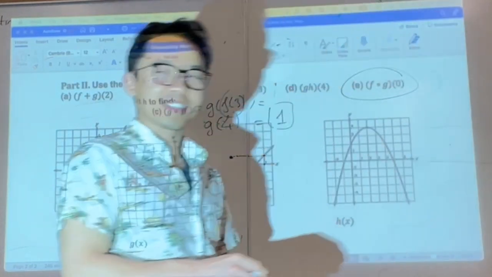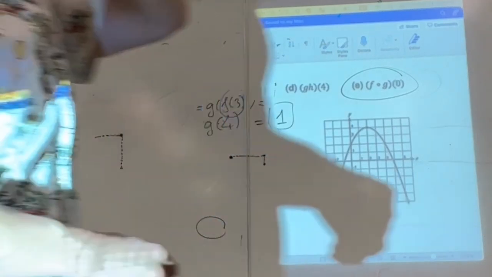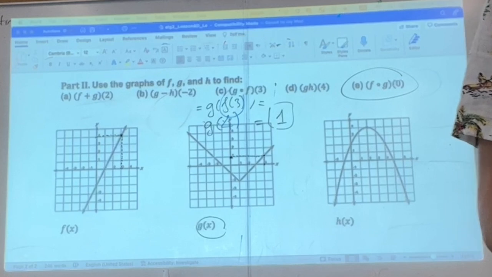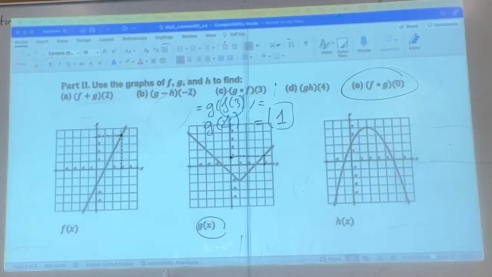Close, okay. You guys got -4, right? Raise your hand if you have an answer. Only 2% got it right. What answer? F of G of 0.